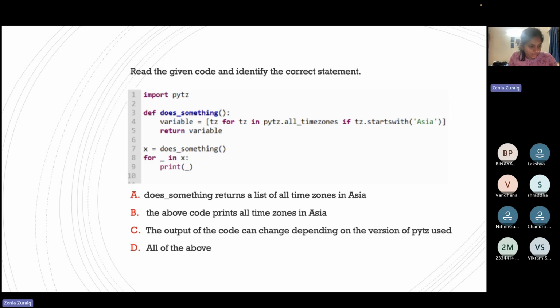Okay, one person says D, others. Okay, one person says B, one other person says B. Other answers, anyone?